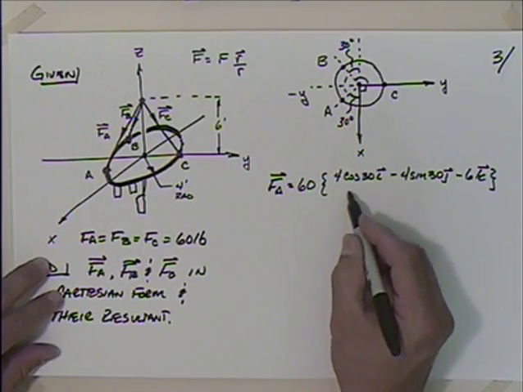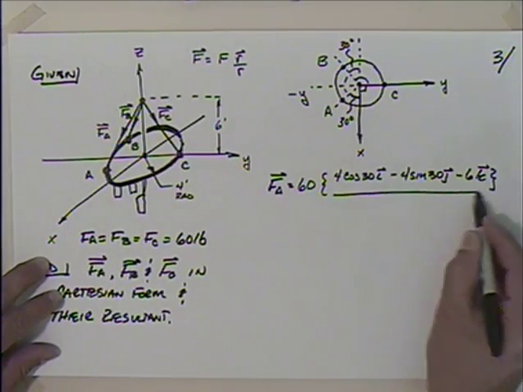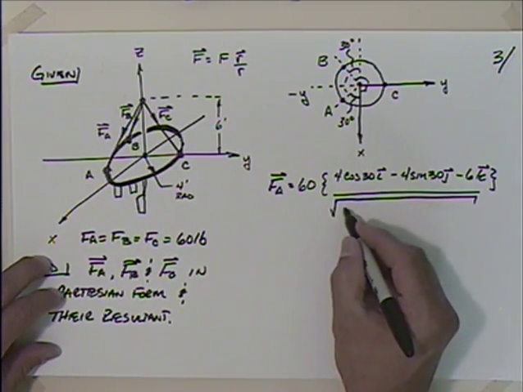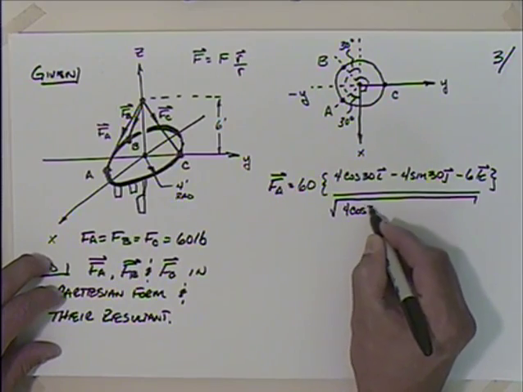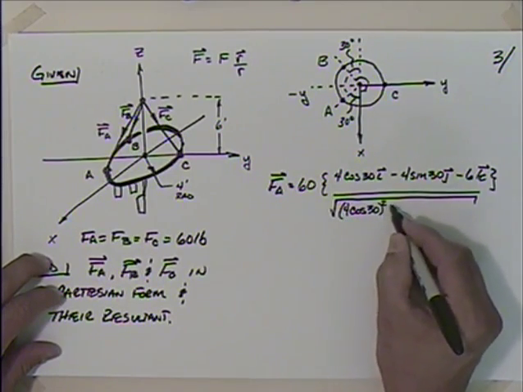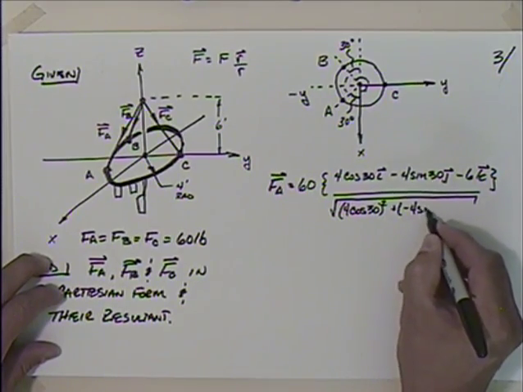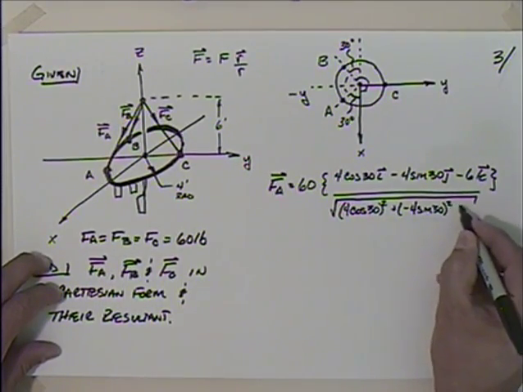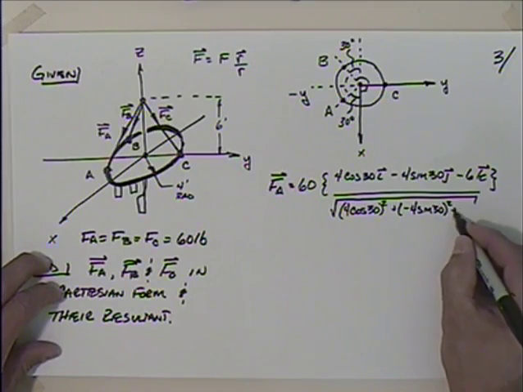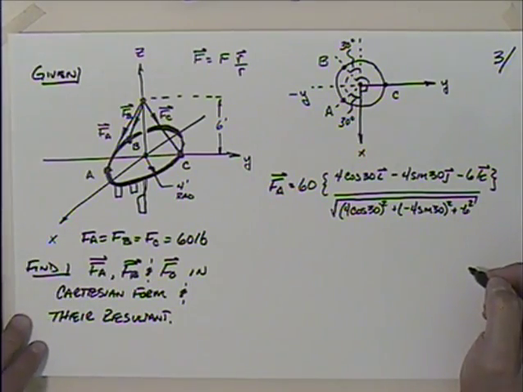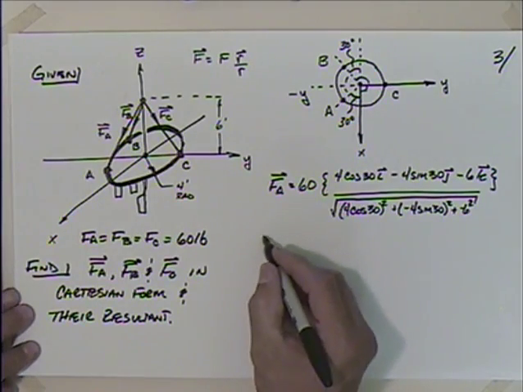Now the magnitude of this thing is going to be the square root of 4 cosine 30 squared plus a minus 4 sine 30 squared plus a minus 6 squared. Okay, so that would be F sub A. You could run that through your calculator.